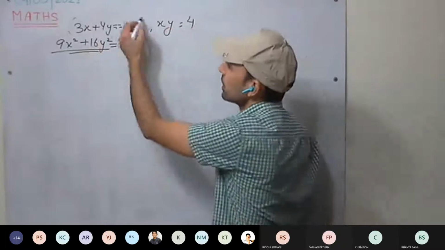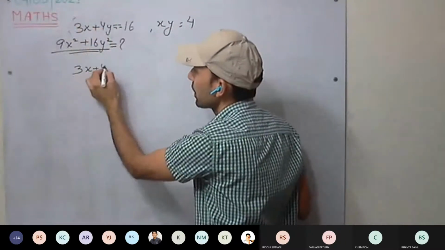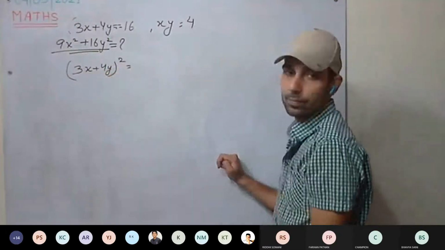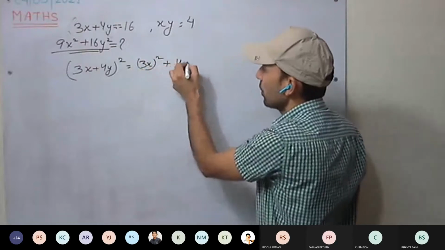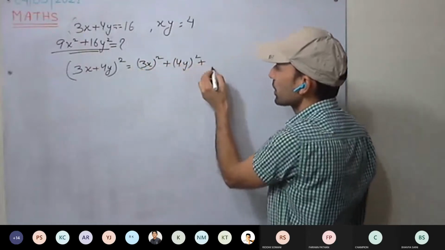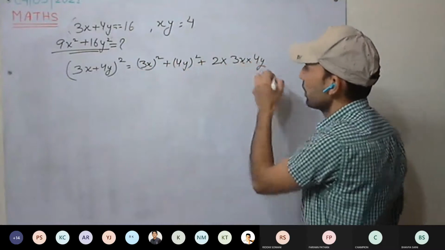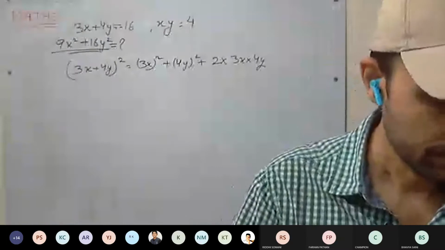So what we will do is take the square of 3x plus 4y, the whole square. It will be 3x square plus 4y square plus 2 into 3x into 4y. Understood this one? Solve it.